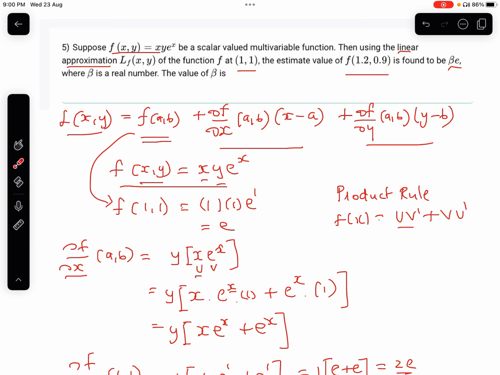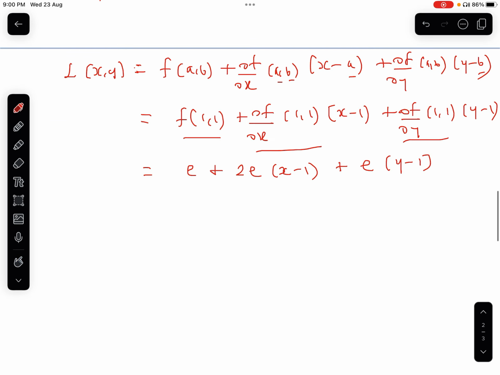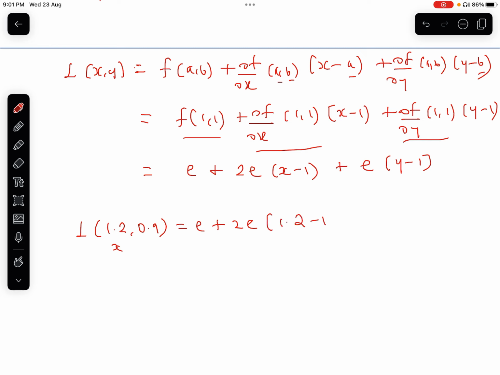So we'll be getting it as, therefore, for (1.2, 0.9), e plus 2e. In the place of x, what is there? 1.2. Therefore 1.2 minus 1, plus, in the place of y, it is 0.9.